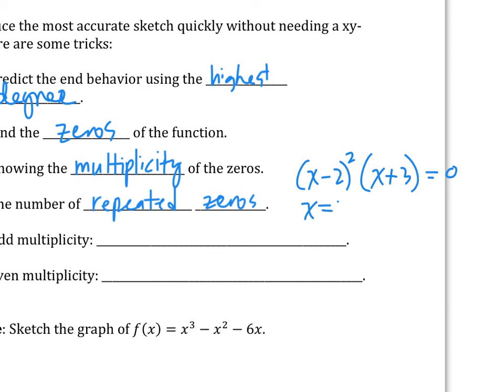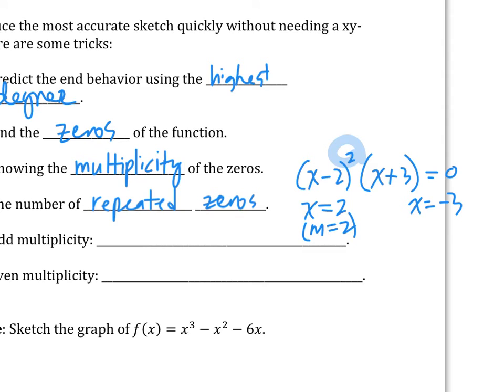And then so x equals 2 and then x equals minus 3 are the zeros. However, x equals 2, there are 2 of them, right? Because it's a square, so that means there are 2 of the same thing. And then so what we can do is we write m equals 2, meaning there are 2 of them. X equals negative 3, there's only 1 of them.